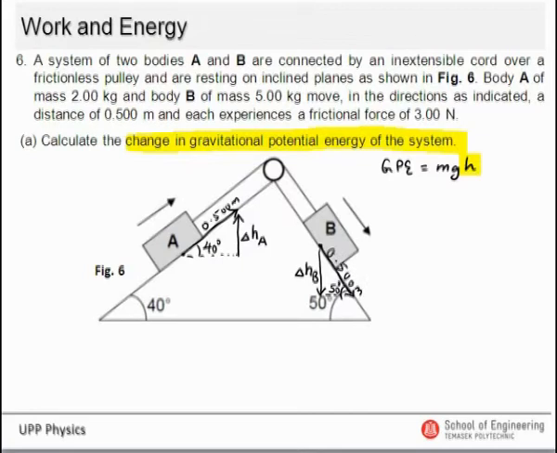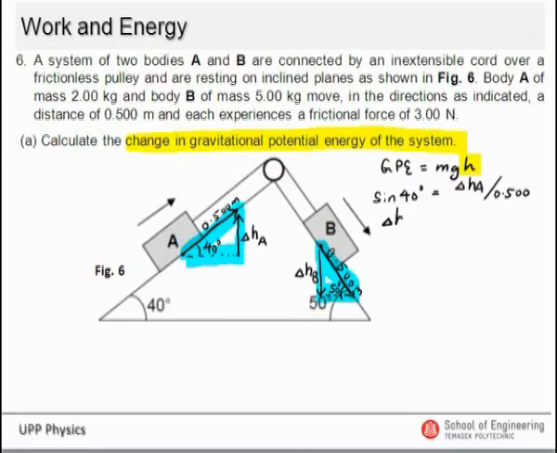So focusing on the right angle triangle that we see here, and for this one, well, we can proceed to solve for the change in height for body A and B respectively. I'll just do for body A. So using the trigo function, sine 40 degrees will be equal to change in height of body A divided by the hypotenuse of 0.500 meter.